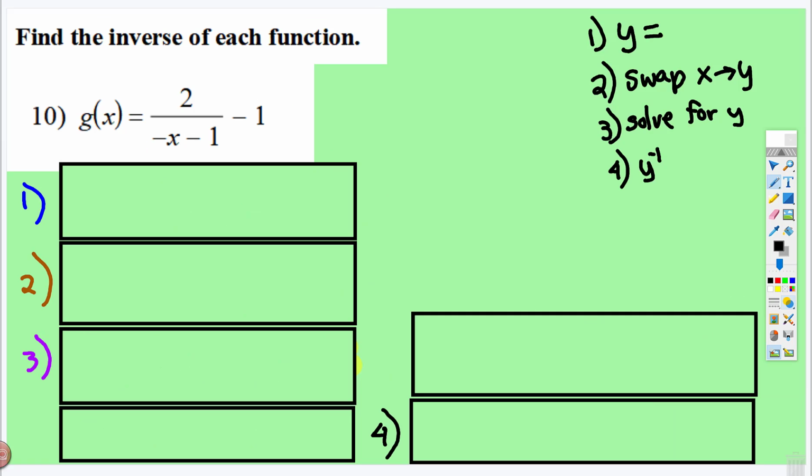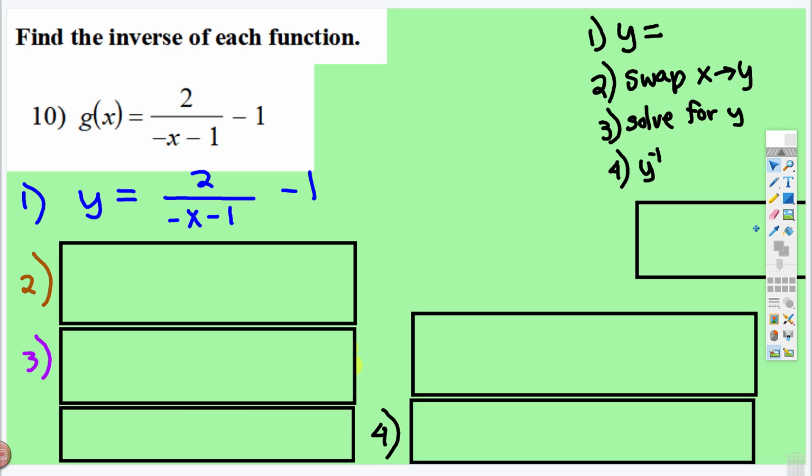These rational ones, you have to be really careful with, but it's the same process. You rewrite as y is equal. So here's our y here. Notice the negative sign stays with the x. That doesn't become negative y over here. And then the first thing we're going to do is add a 1 to both sides.